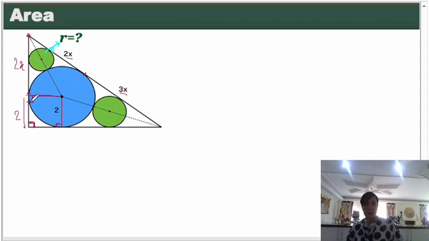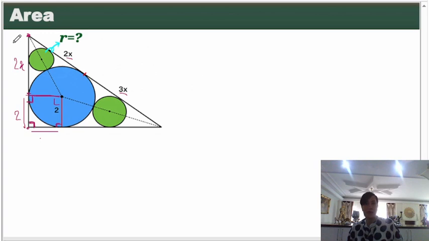So this quadrilateral is, I have to say, a rectangle or a square. As I said, tangents from the external point to the circle are the same in length, so this side and this side are the same. So this quadrilateral is a square. So this side would be 2 as well.